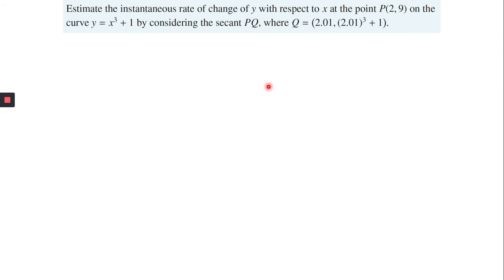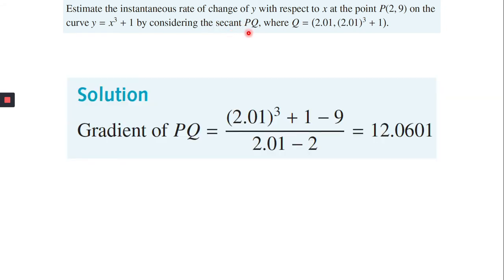So I'll let you read that example. So basically what we're doing is, a secant is just a line that joins 2 points. So we've got the formula x cubed plus 1. So here is x cubed plus 1 when x is 2.01. So 2.01 cubed plus 1.